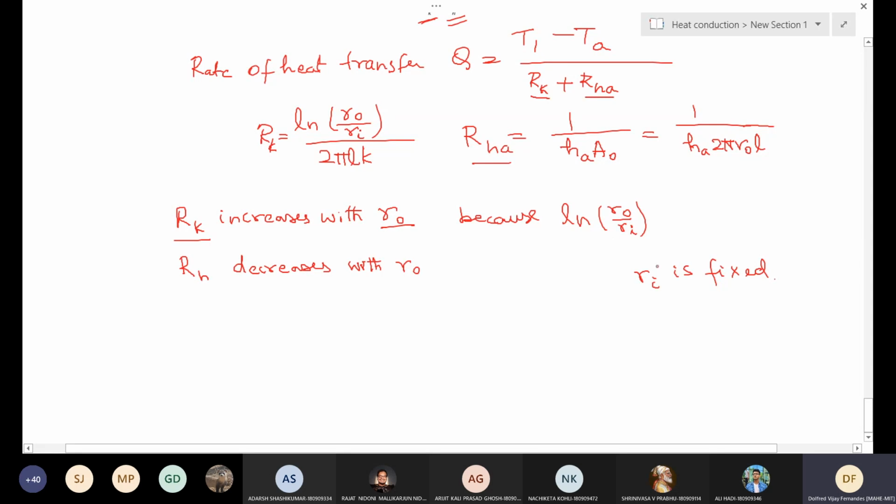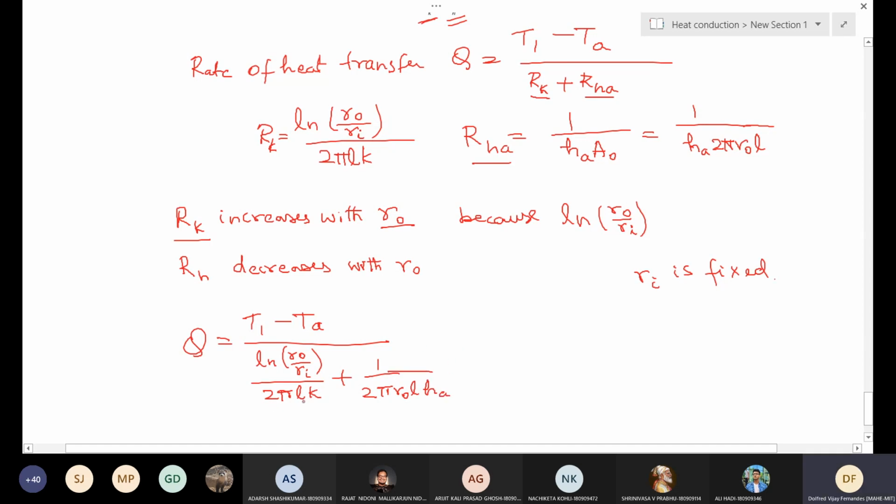So basically you can write Q equal to T1 minus TA divided by, what is this? We have the Rk, that is ln R0 by Ri divided by 2 pi Lk, and here we have 1 divided by 2 pi R0 L into HA.